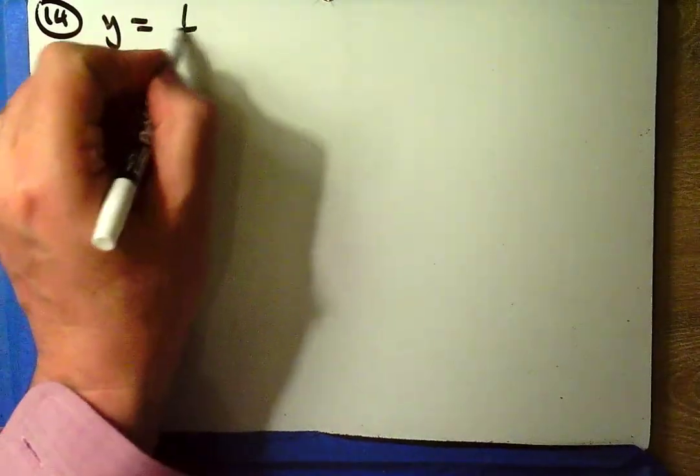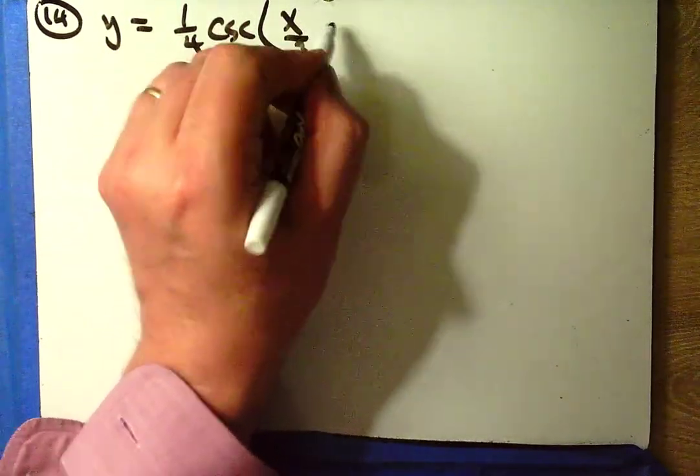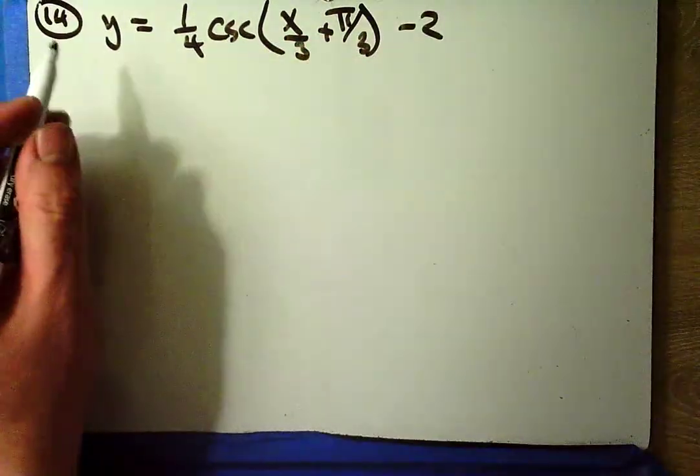Finally, number 14, the last of our graphing problems. y equals 1/4 cosecant x over 3 plus pi over 3 minus 2.